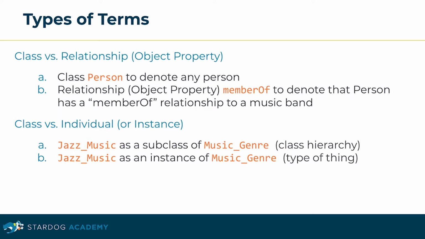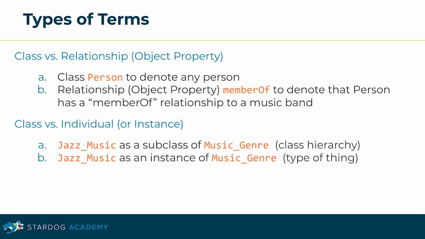So, we mentioned that as part of the ontology development process, we should define the types of terms. And it's important to do that and distinguish between classes versus relationships or object type properties, and classes versus individuals or instances. So let's see some examples. The term Person here is defined as having a type class. And this allows us to say that a person denotes any individual that is a person.